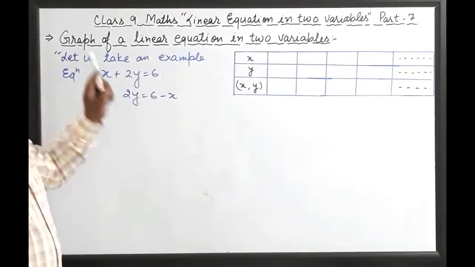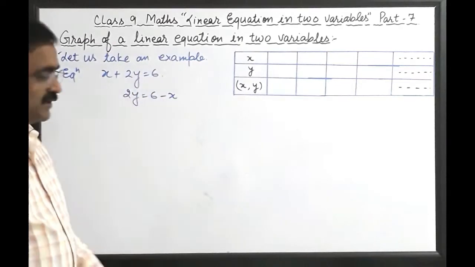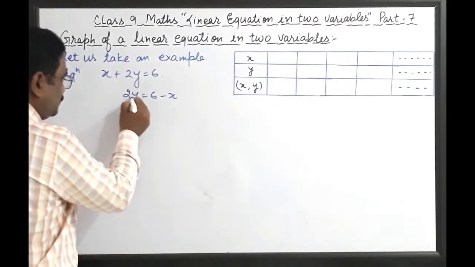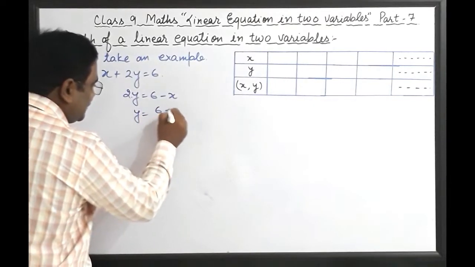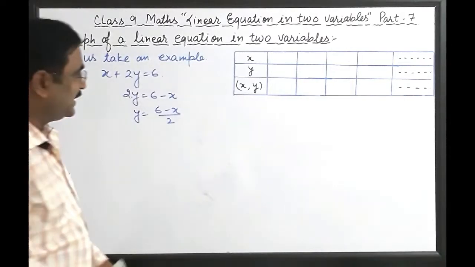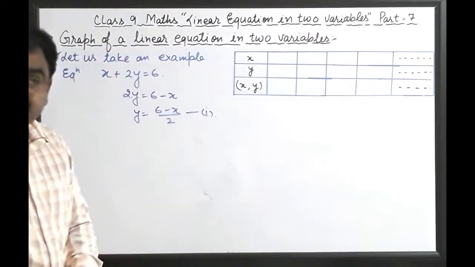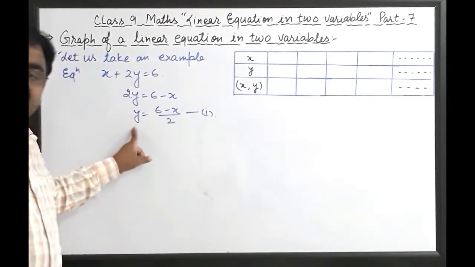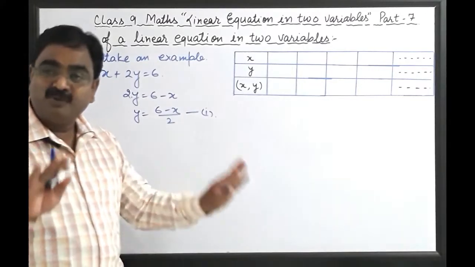Here the sign of x is positive and on the right side it becomes negative. Now as 2 is multiplied over here, y can be written as (6 minus x) upon 2. This is equation number 1. This equation tells you the value of y in terms of x. Any problem?